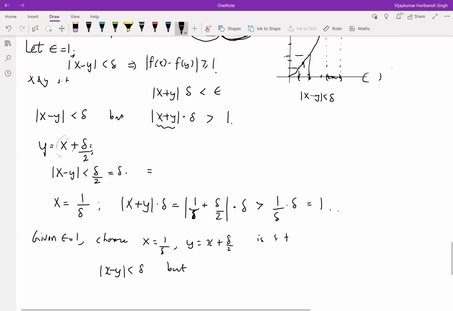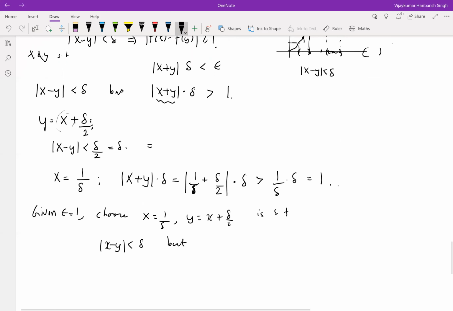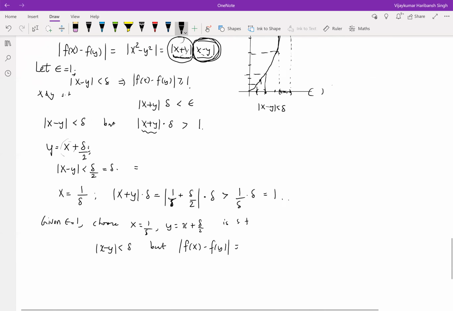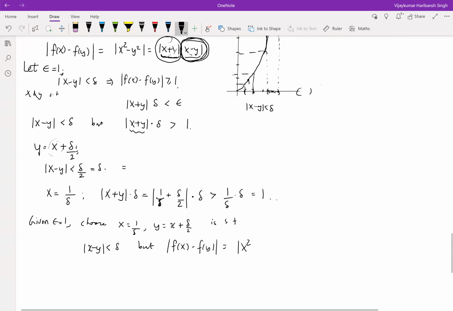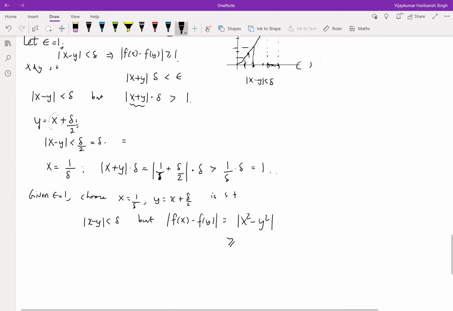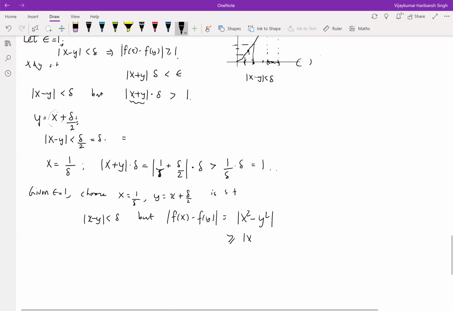But what do we have? f of x minus f of y is going to be x squared minus y squared, which is equal to x minus y times x plus y.